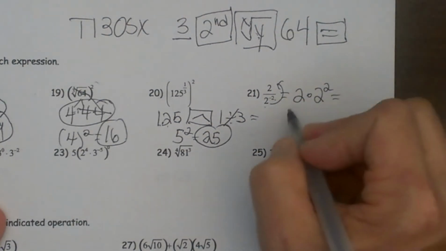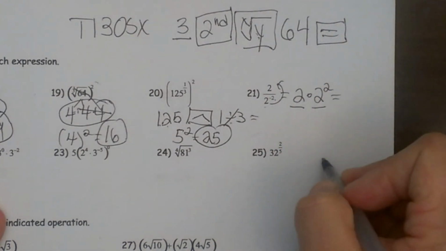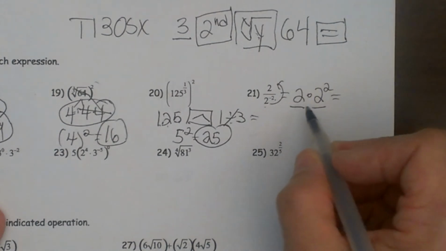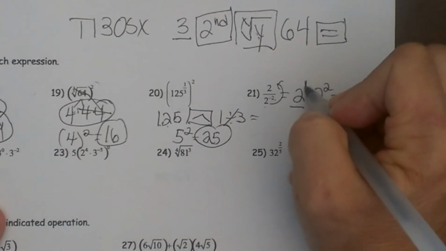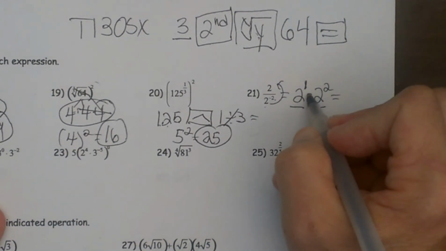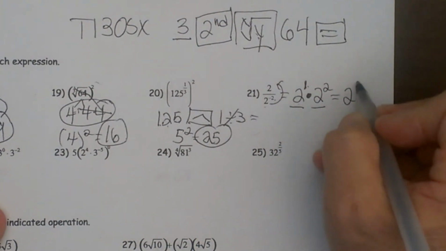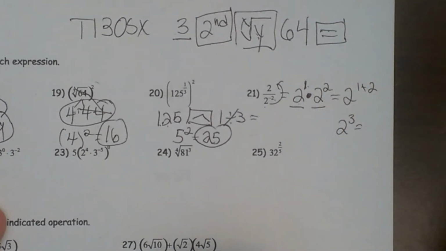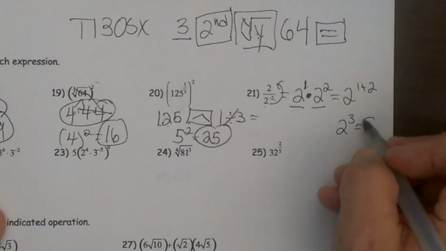And when we do that, we have 2 like bases. We're going to add exponents. What exponent is on the number 2? We don't write it, but there is a 1 right there. So when we multiply like bases, we're going to add these 2 exponents together. So our answer is 2 cubed. Now we can evaluate that. 2 cubed is 2 times 2 times 2, which is 8.